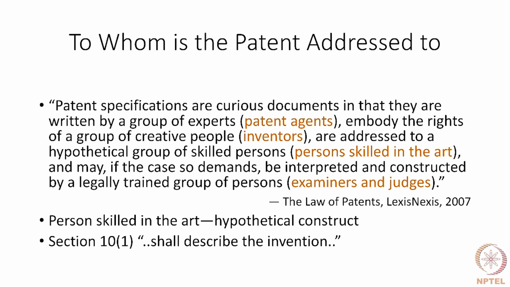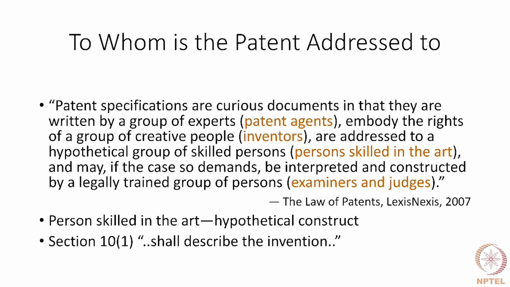Now, we have seen that the patent specification has to describe the invention. Now, the description of the invention, as we have said, has different parts. We saw the requirements, that there is a sufficiency requirement, of which the enablement requirement is a part. Then we saw the best mode requirement and the utility requirement.